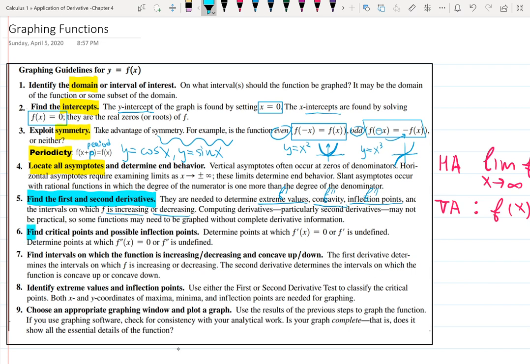Find critical points and possible points of inflection. But this step usually is done before. The critical points definitely come before this step if you want to find extreme values, right? But points of inflection can come later. So that means I want to find critical points. By the definition, they are the points where the derivative is 0 or DNE.